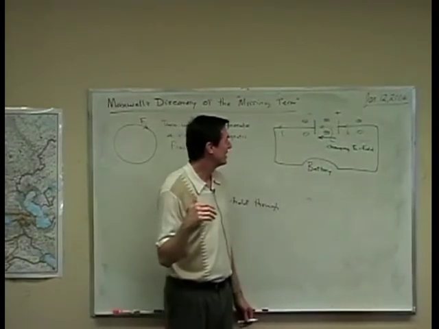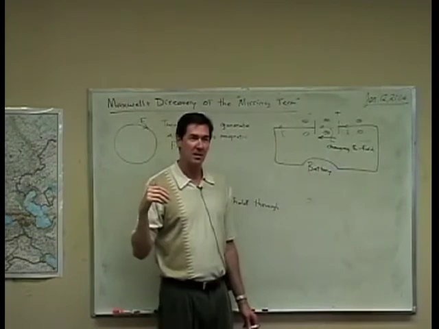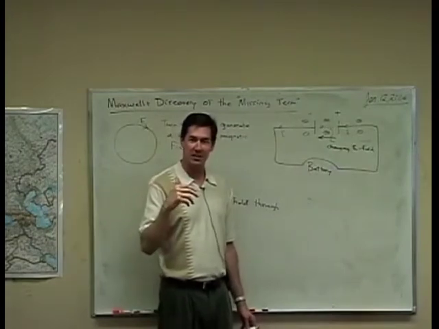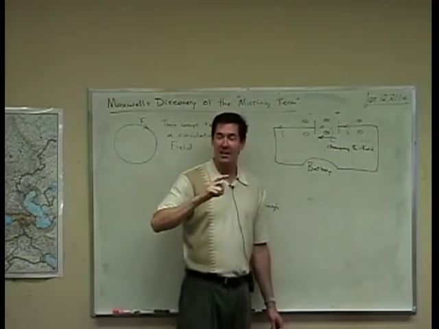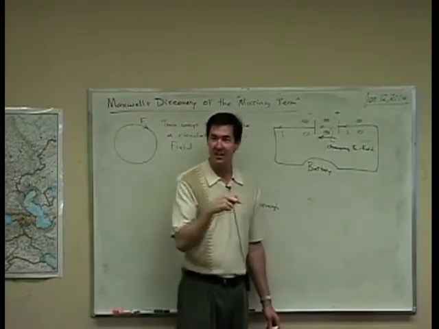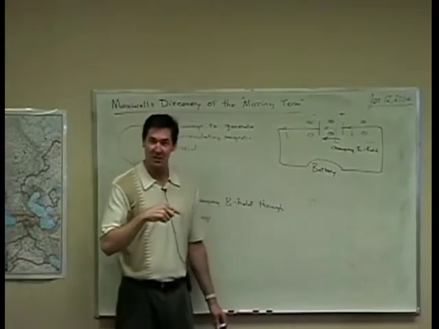It's the direction of the change in the E field that matters. It's not the E field itself, but the change of the E field that's actually causing the circulating magnetic field.